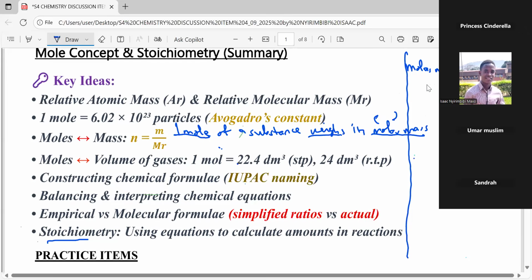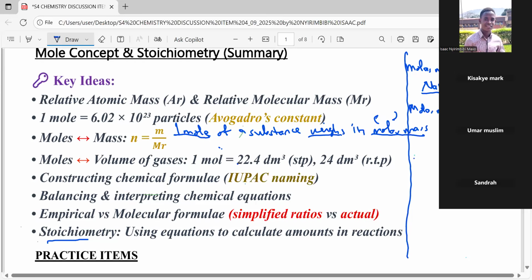Now let's give an example. If you have sodium hydroxide, and we want to know the number of moles present in 6 grams of sodium hydroxide, our first thing is to calculate the molar mass of sodium hydroxide.